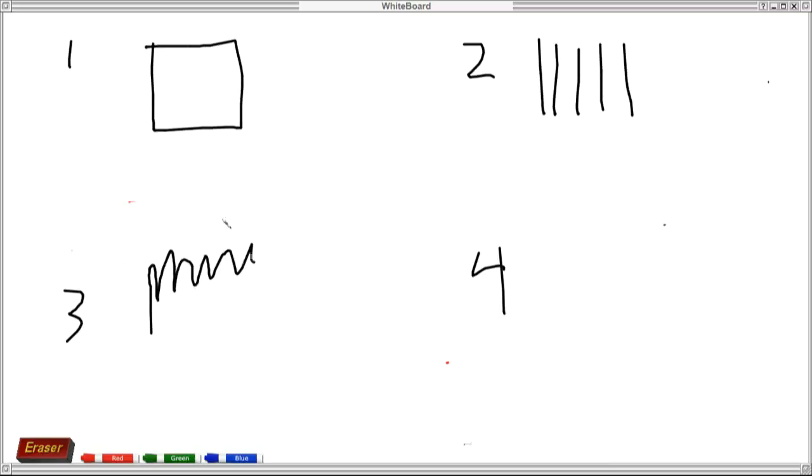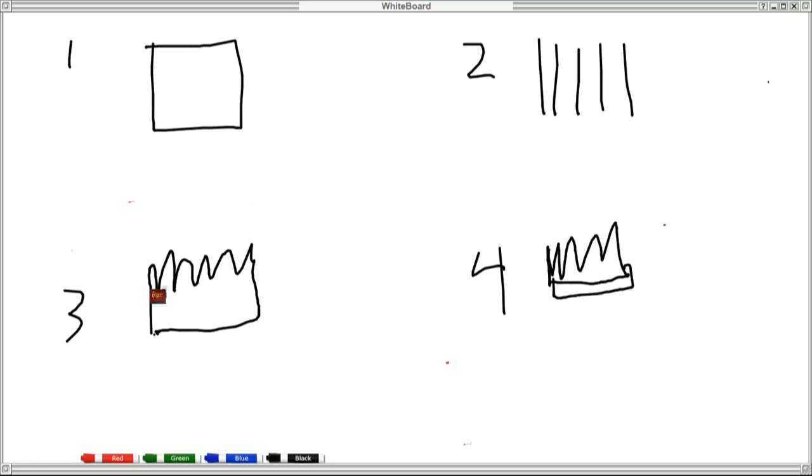This is just a broad illustration of it. I'm not good at drawing, but if you look at the sides, let me go ahead and draw this better.